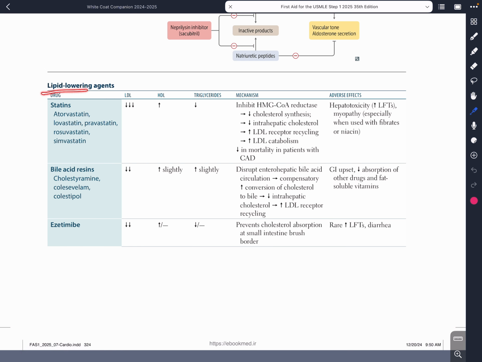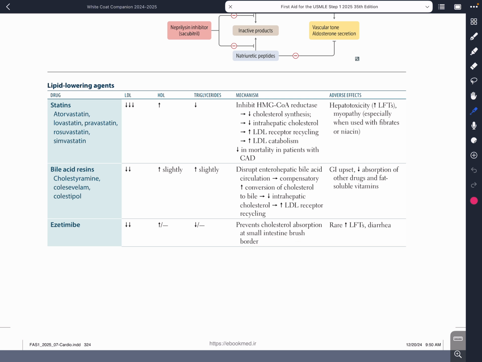Next lipid lowering agent is ezetimibe. Ezetimibe lowers LDL and increases HDL, but also decreases triglycerides. The mechanism of action of ezetimibe is that it prevents cholesterol absorption at the small intestine brush border.